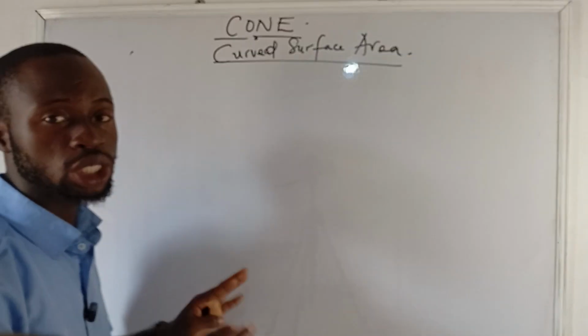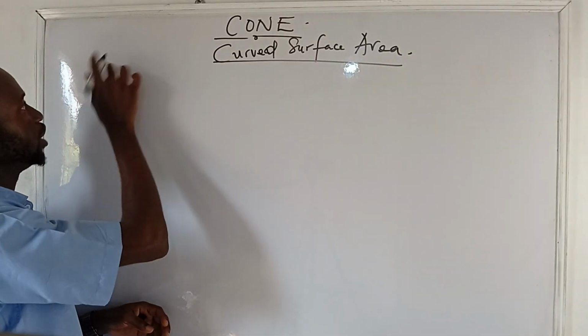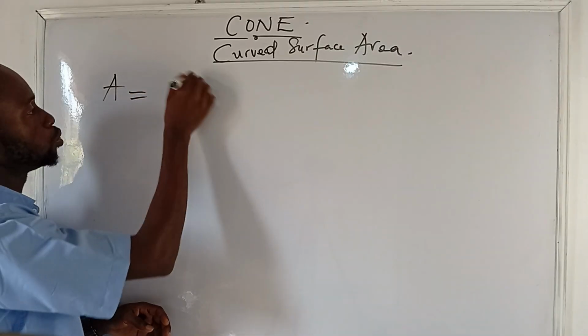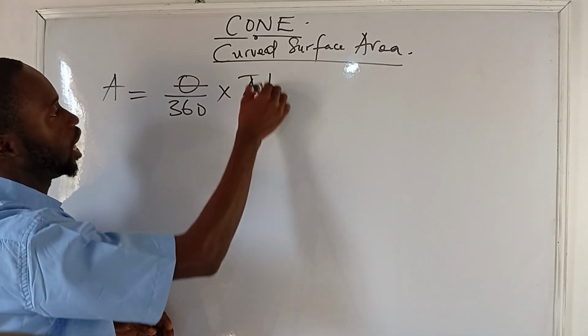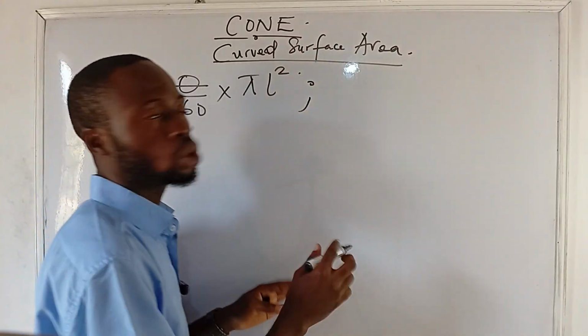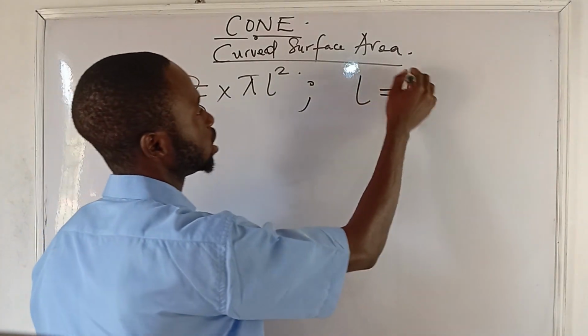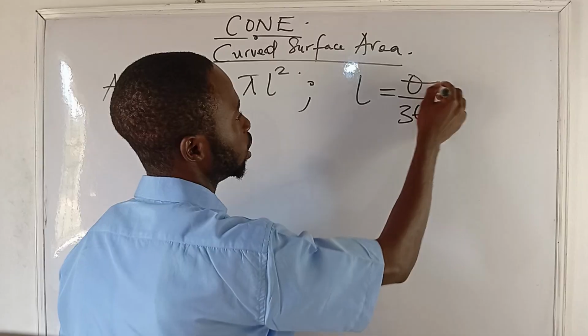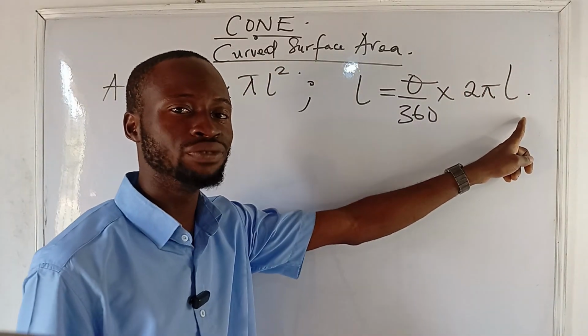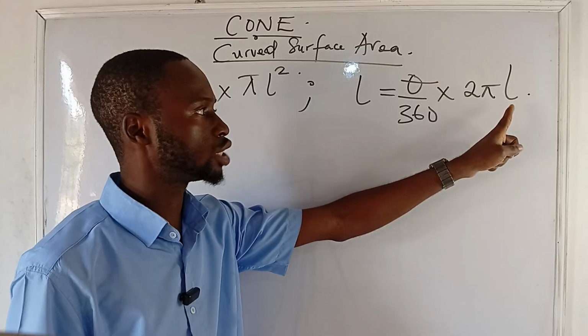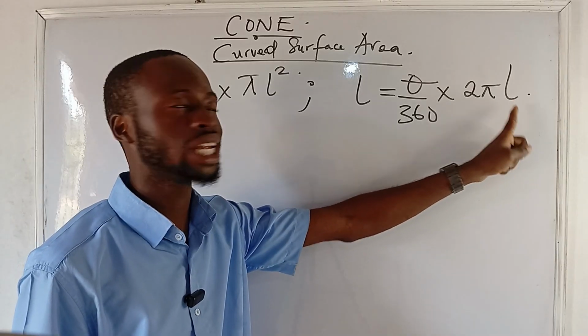So we've successfully shown that the area of a sector can also be written as theta over 360 times pi L squared. That has been settled. And as well, we showed that the length of an arc is theta over 360 times 2 pi L, because this L is the radius of the sector, and it can also be known as the slant height.